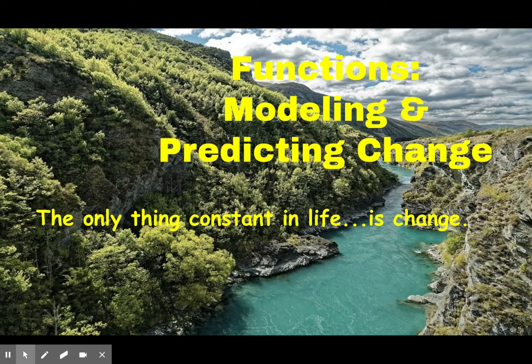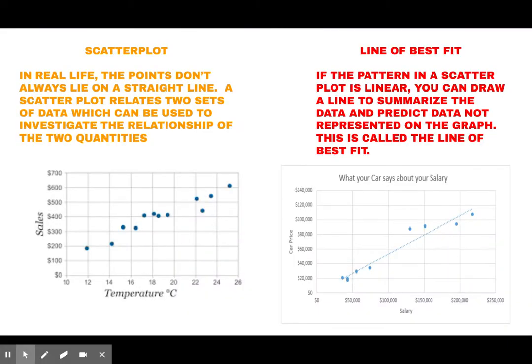We're continuing in our ever ongoing unit about functions, which involves modeling and predicting change. And the most recent way that we've learned to model and predict change is using scatter plots and lines of best fit, which we realize that in real life, points of data don't always lie on a straight line. So that's what a scatter plot is used for, is to investigate the relationship of two quantities of data.